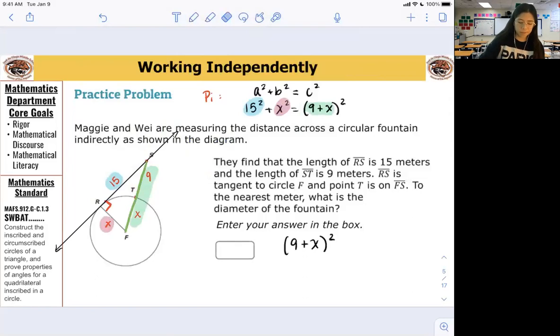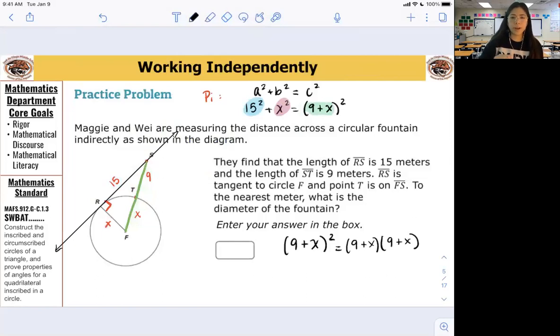No. Well, kind of. When I take something to the power of 2, what does that really mean? What am I doing? Janelli says it times itself. So this is 9 plus x times 9 plus x.